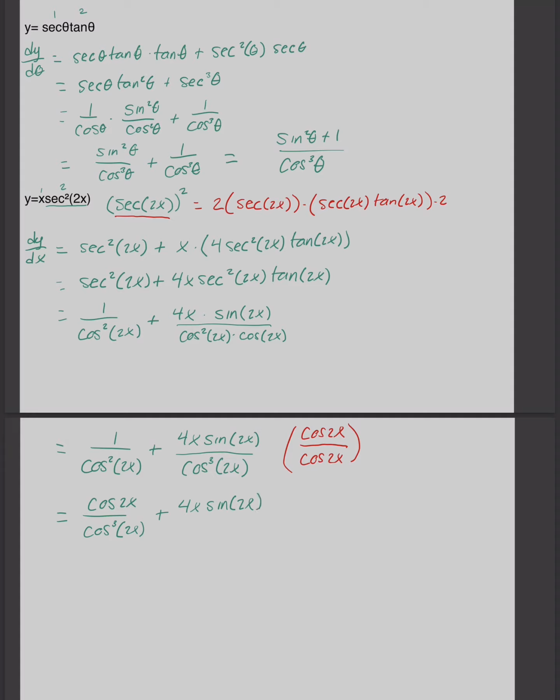And it won't show up in this term because we'll just cancel them out. We'll have cosine of 2x over cosine of 2x, and we'll still have our cosine cubed on the bottom. So cosine cubed of 2x, and now we can combine them. So cosine 2x plus 4x sine of 2x, and this is all over cosine cubed of 2x. And those are your trig examples.